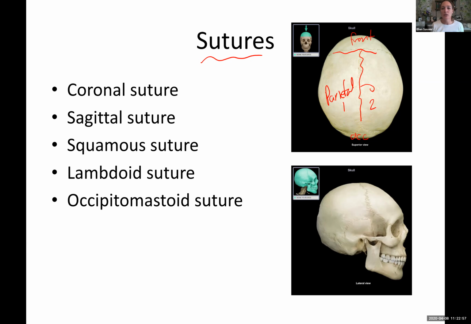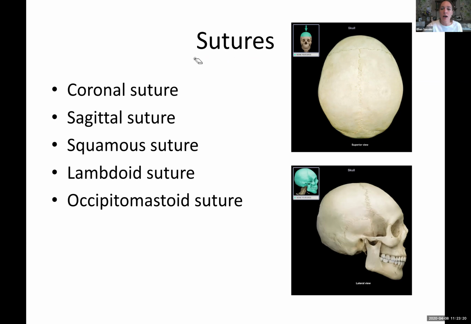So it's looking at someone's head while they're laying down, looking up at the top of the screen. The sutures are the wiggly lines where the bones are literally connecting together, like a jigsaw puzzle piece, so they don't shift around.